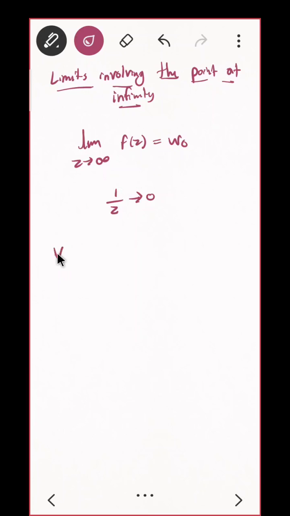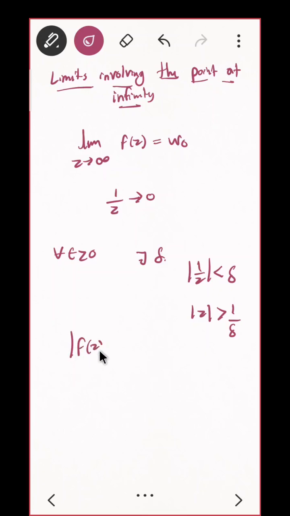That is, for given epsilon positive, there exists delta satisfying mod of 1 by z less than delta, which again you can convert as mod z greater than 1 by delta, having the property that mod of f of z minus w naught is less than epsilon. Correct?